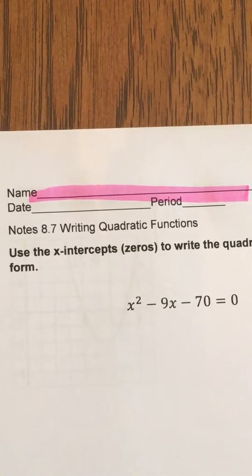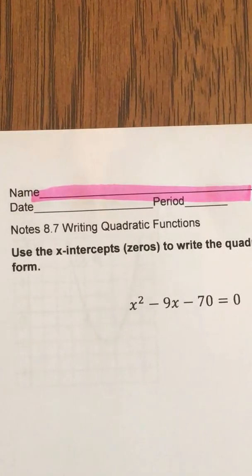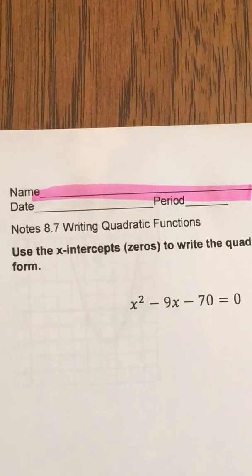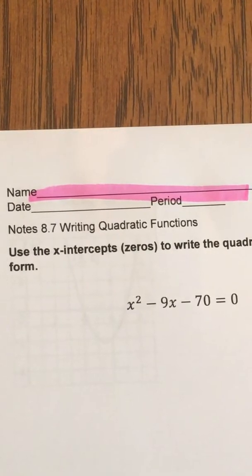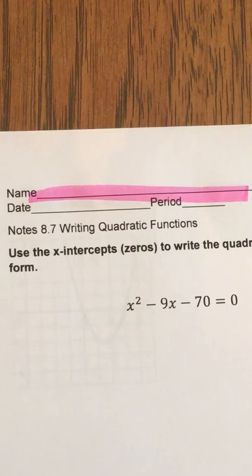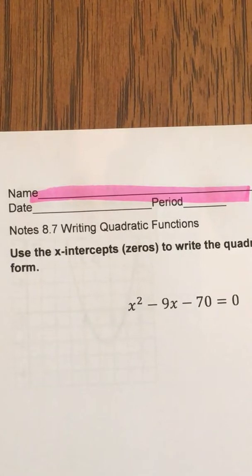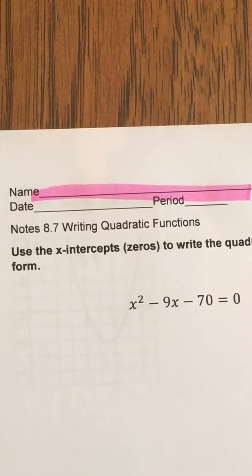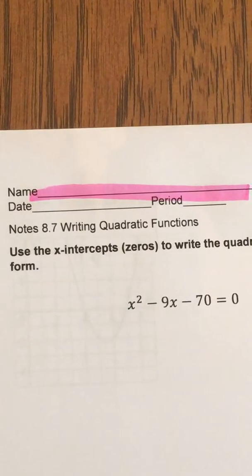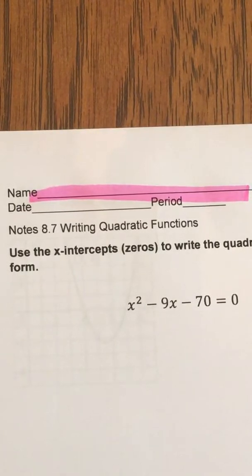The reason we've been doing so many problems involving binomials, multiplying two sets of parentheses together in this unit, is because those individual sets of parentheses actually show you where your quadratic equation is going to cross the x-axis.